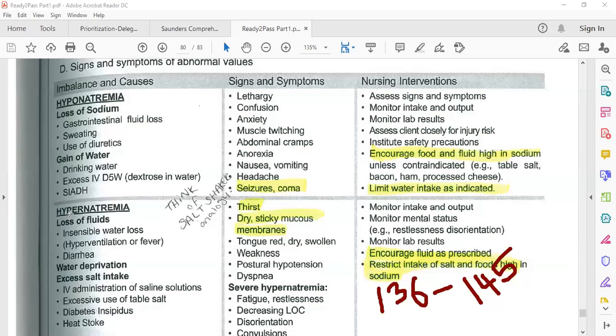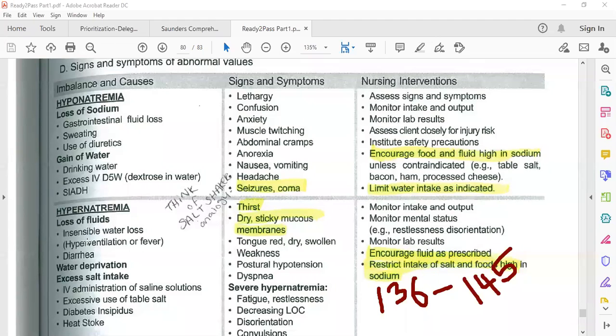So what are the causes of hypernatremia? It means the sodium level is more than 145. The major causes are water deprivation or excess sodium intake, kidney failure, or some endocrine disorder like Cushing syndrome.